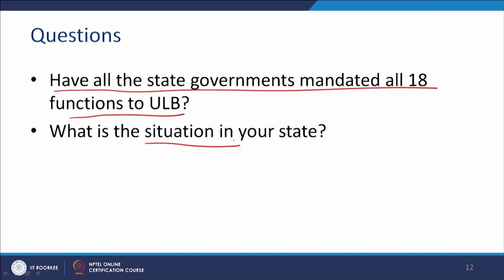So, please visit your state level municipal act, it is available online, and you can check whether they have delegated or not. Second, what is the situation of your state in terms of executing the provisions of the 74th Constitutional Amendment Act? Are all the mandates executed on the ground or not? So, please have a look, browse through a few news articles, and you will understand all this information.